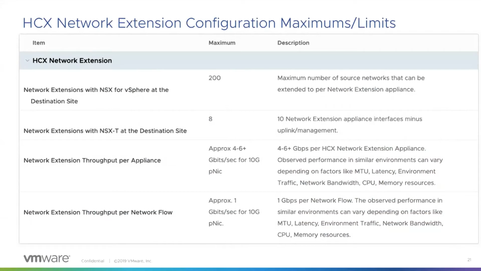Now, these are some of the configuration maximums. The one thing that I want to draw your attention to is the L2C can only stretch 8 VLANs per appliance. So whenever you're deploying an appliance for stretching of a VLAN, if there are more than 8 networks, let's say you have 12 or 15 networks, in that case, you would have to deploy 2 appliances for L2C.